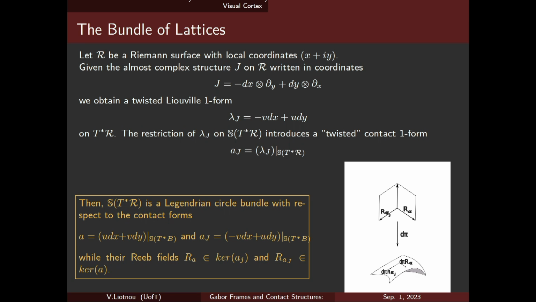So the fibers are tangent to the distribution given by the restriction of the Liouville form and the restriction of the twisted Liouville form. And on top of that, the Reeb fields of each contact form are horizontal with respect to the contact distribution of the other. That means that when we project on the tangent spaces of the retina, we don't lose any information.